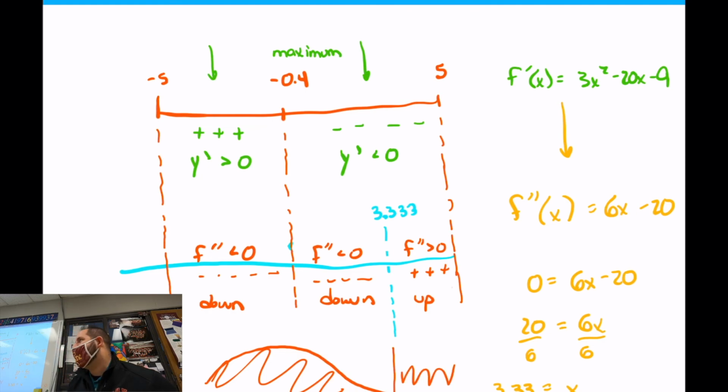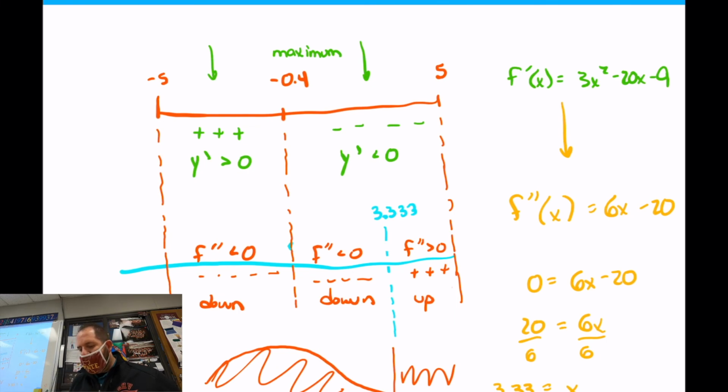It was probably bowing upwards right after the 3.3. That makes sense because we found 7.1 was my other number. So it probably had another critical point coming up down the road, a minimum, going back up. And that's why it's changing direction to go concave up.